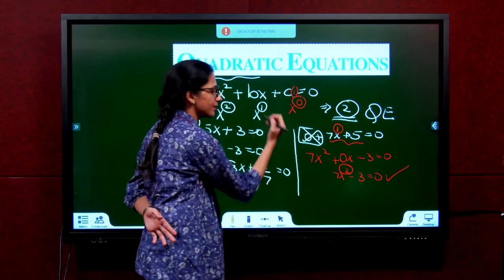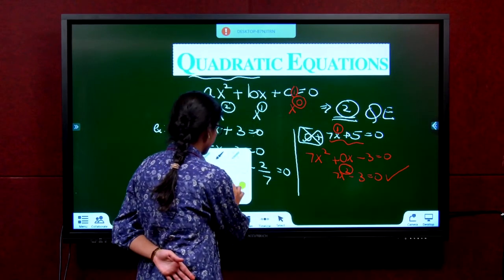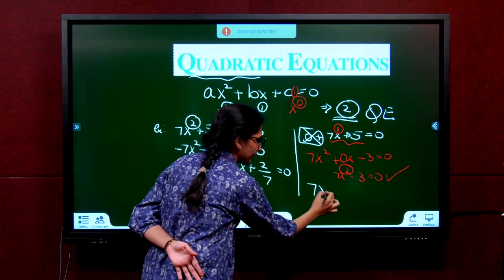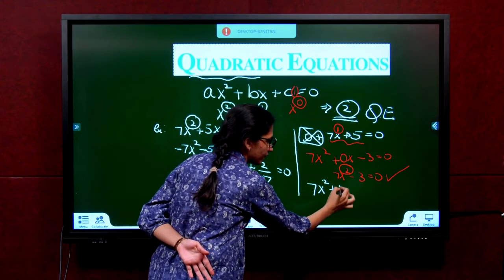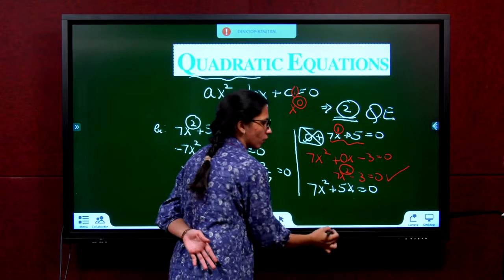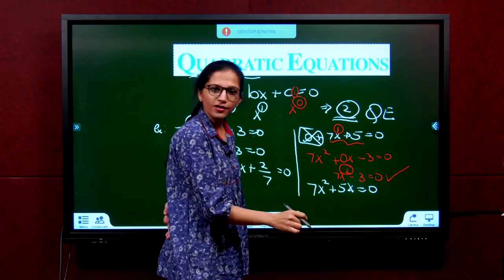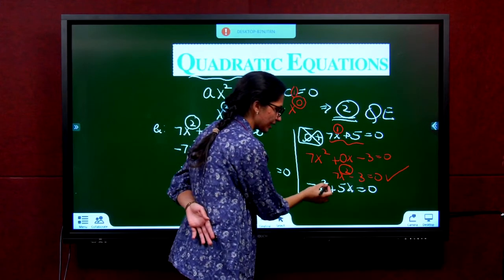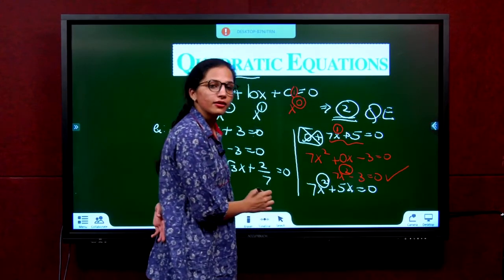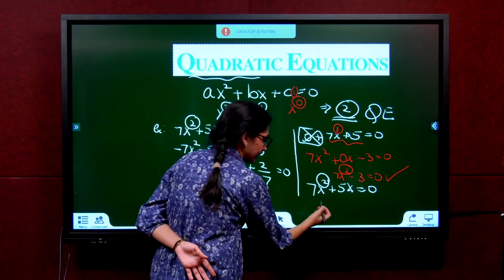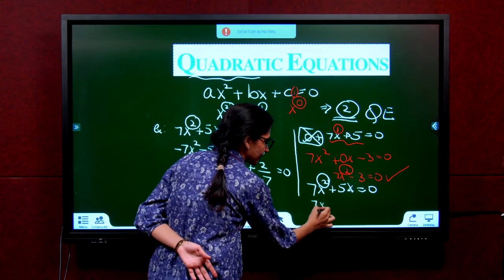Can the c term be missing? Let's see another example. 7x square plus 5x is equal to 0. The c term is missing. The third term is missing. Is this quadratic? Yes, it is, because the highest power of x is still 2. Let's take the last example. 7x square.